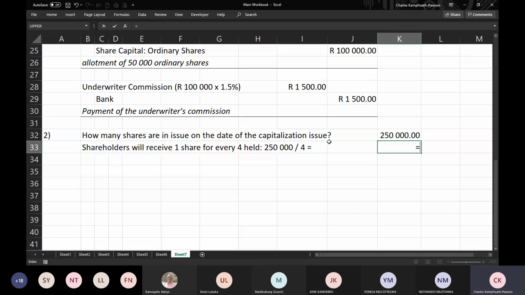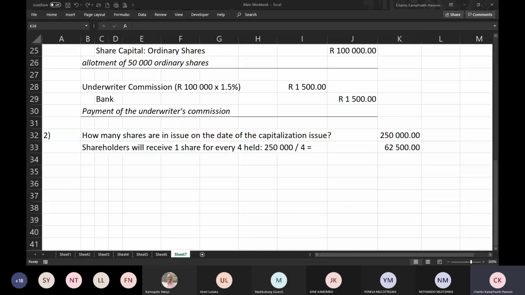Everybody happy? So the 62,500 is the capitalization issue.